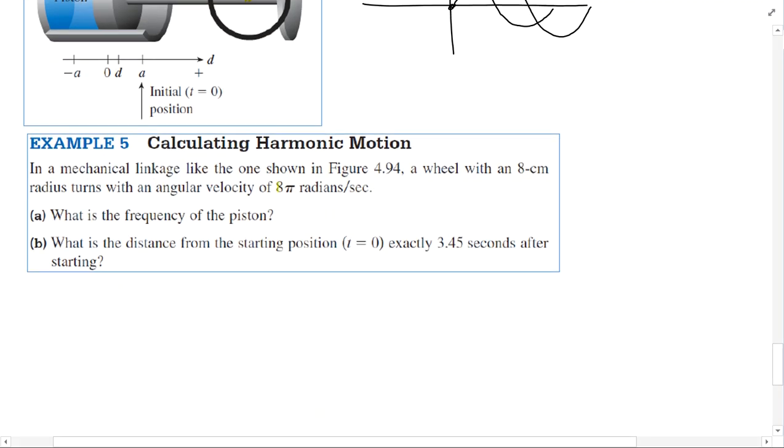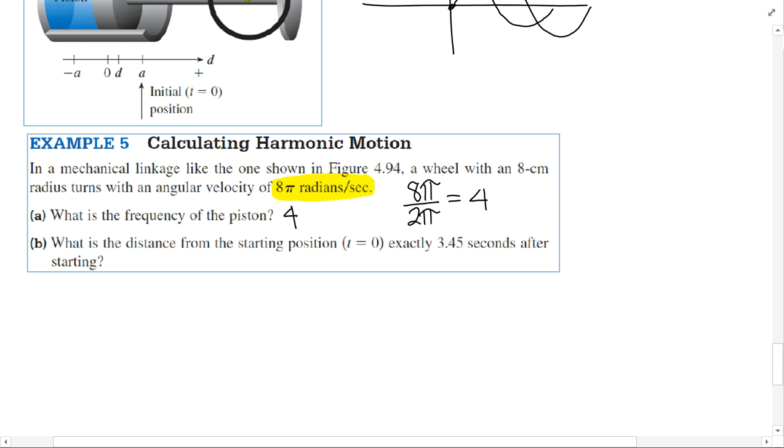So if it goes 8 pi radians per second, all you need to know about that one is how many full circles are in 8 pi. 8 pi divided by 2 pi gives you your frequency of 4. That's 4 circles. So the answer to that is 4.